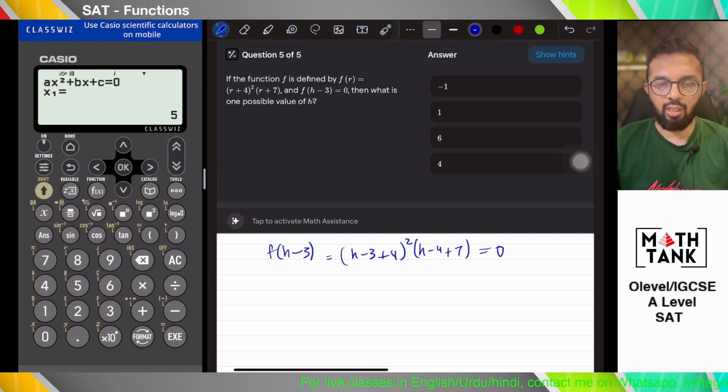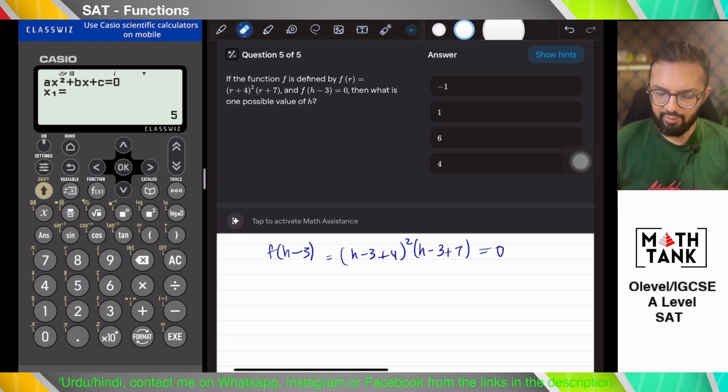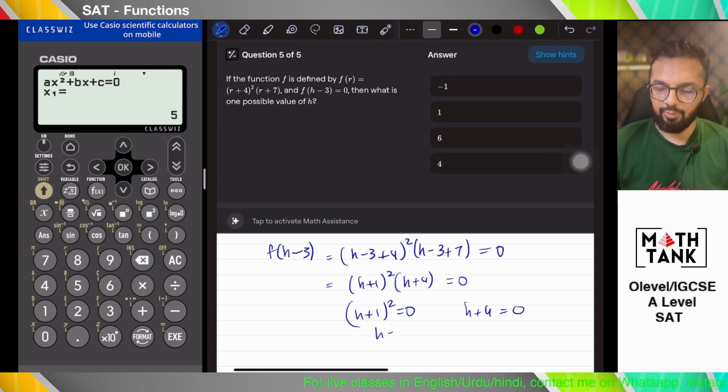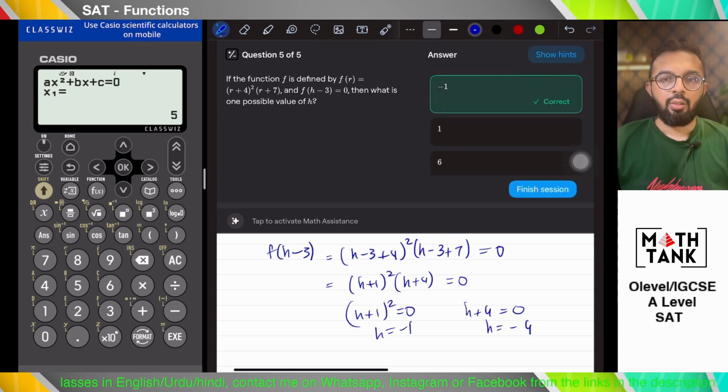I replaced all r's with h minus 3 and I then have a function to solve. So this becomes h plus 1 squared and h plus 4 squared. So either this equals 0 or that equals 0, h equals minus 1 or h equals minus 4. Should work.